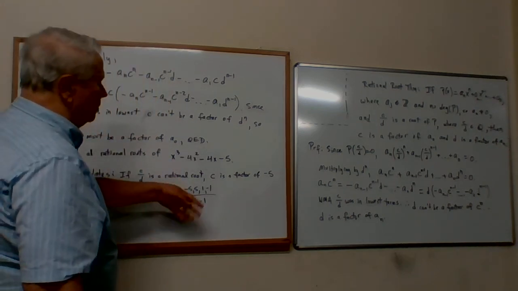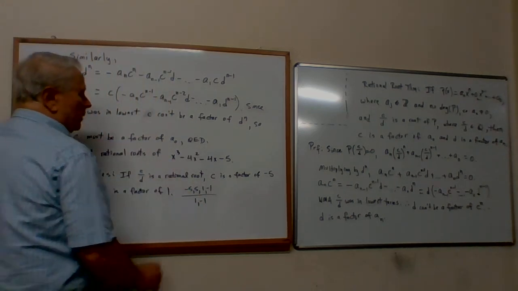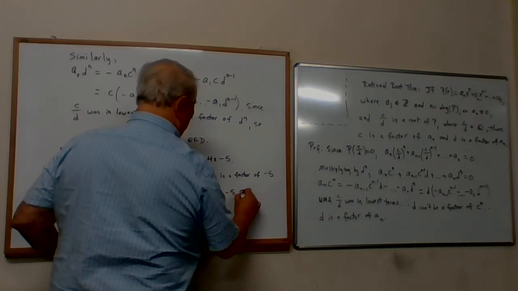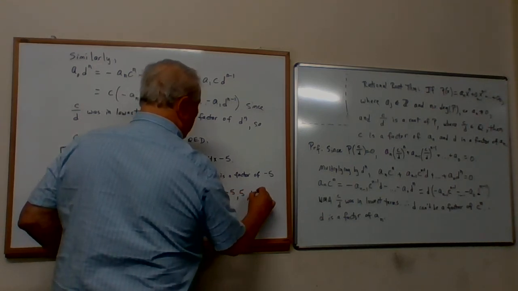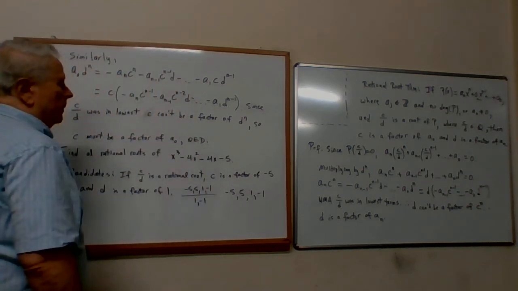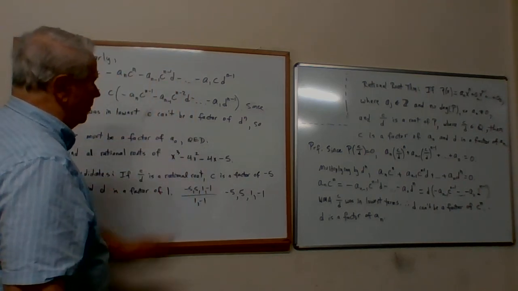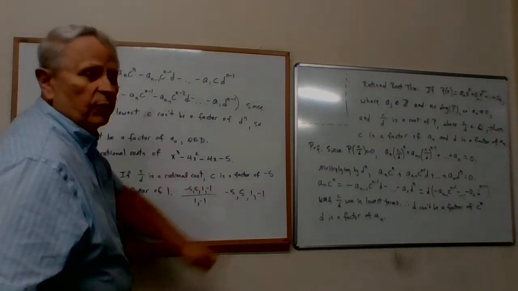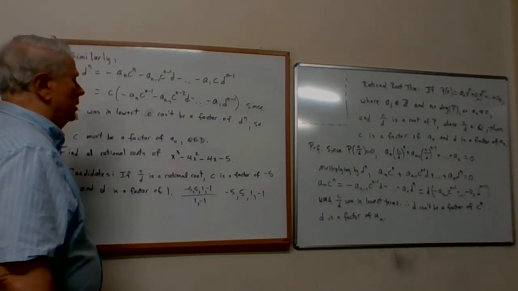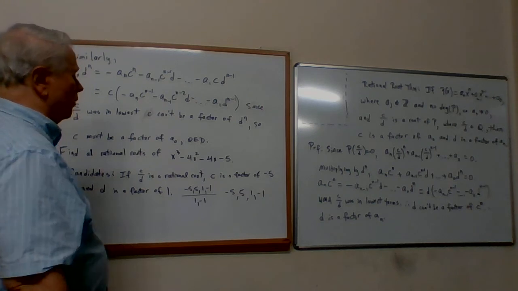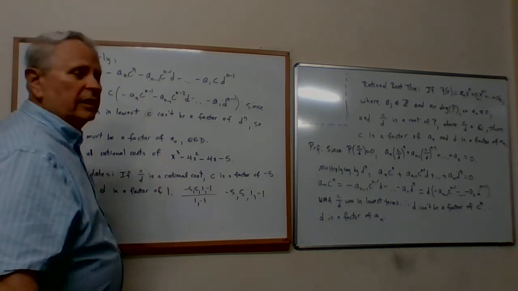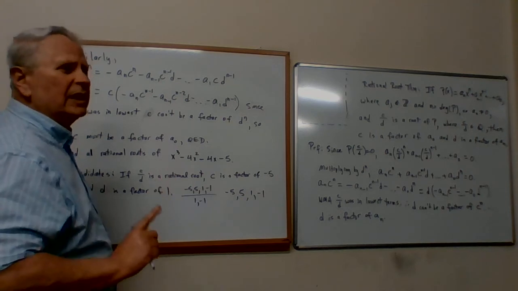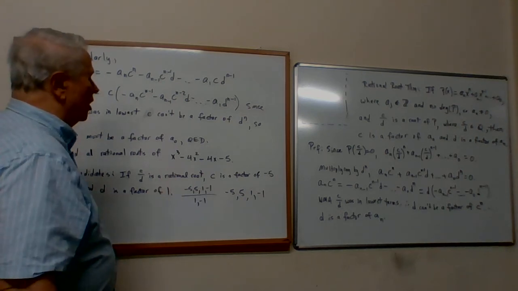So what are the possible rational numbers? -5, 5, 1, or -1, because all of those are divided by 1 and -1. So those are the only candidates for rational roots. Now, how do I figure out if one of them works? Plug the silly thing in and see if I get the truth. Always start with the easiest. Let's start with 1.